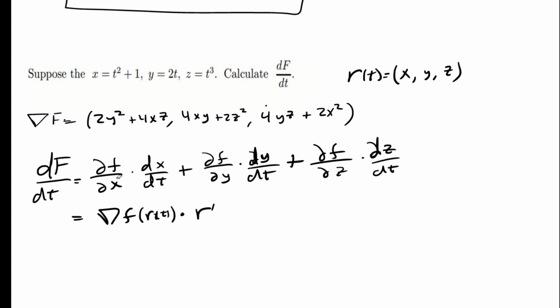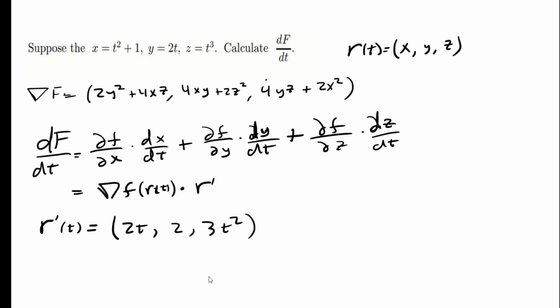Gradient of f dot r prime. All right, so let's go ahead and compute r prime first. So r prime of t is going to be 2t, 3t squared. So that's my r prime.